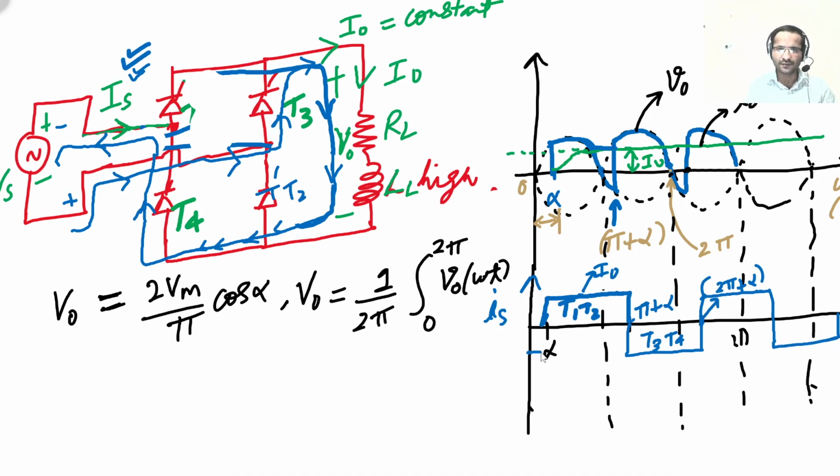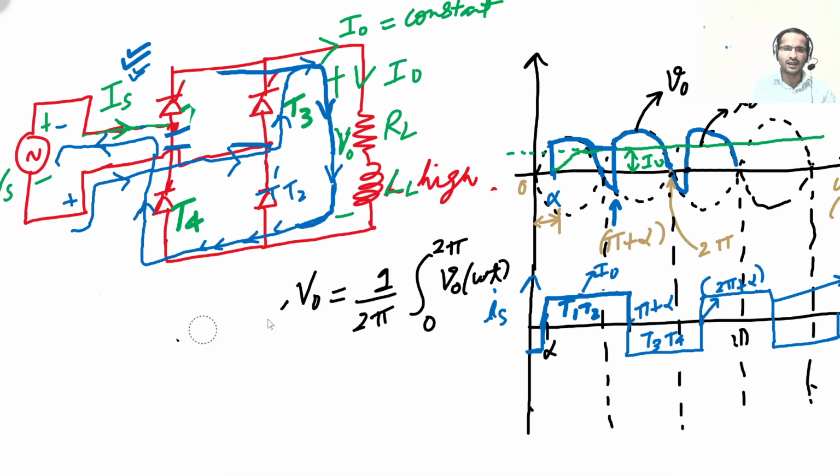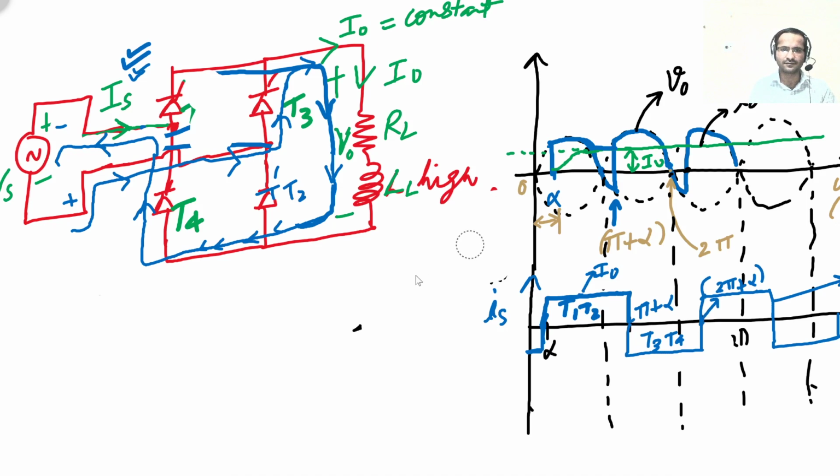Let us say this process is continuous. So this is how your source current waveform looks. Now we have understood how source current flows through the load, how it follows the load current, and behaves like DC current.